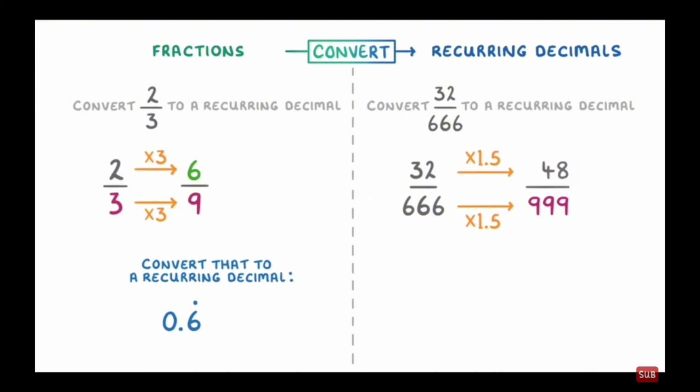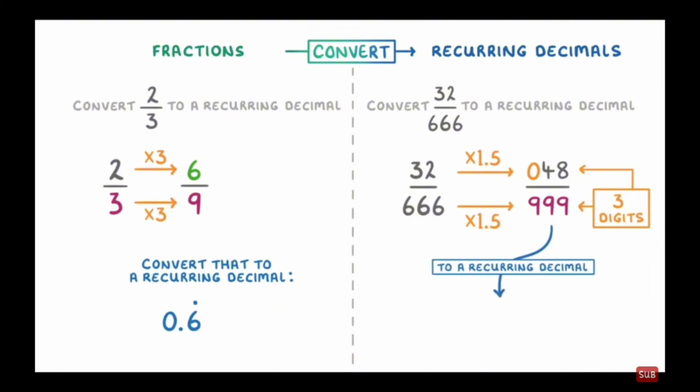Next, because our denominator has 3 digits, we need to make sure that the numerator has 3 digits as well. So we're going to have to put a 0 in front of the 48 to get 048 over 999. And we're now ready to convert this into a recurring decimal.